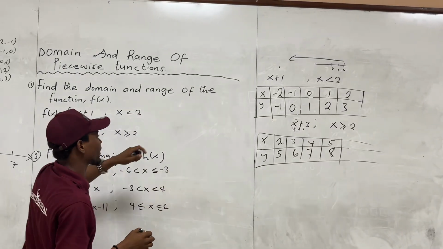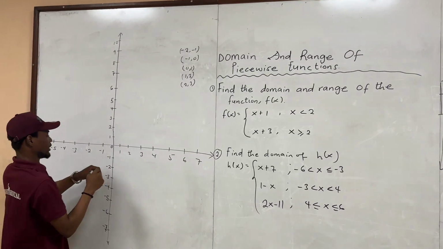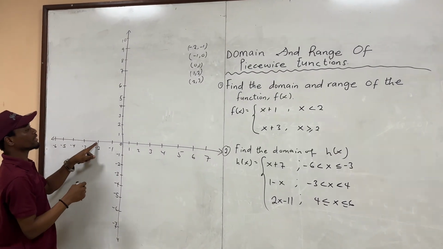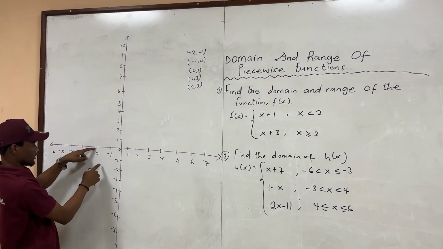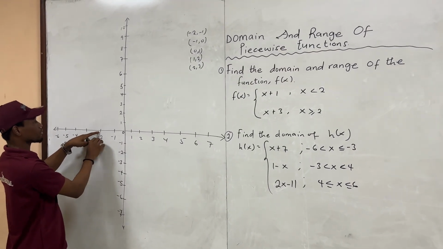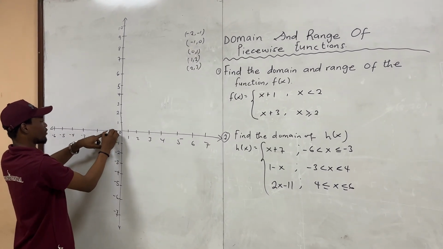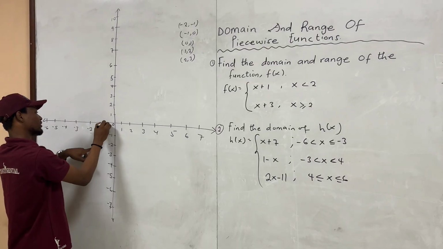Let me plot it on a graph. So I have negative 2, negative 1. This is first negative 2 here, then negative 1 somewhere here. Then negative 1, 0, somewhere here.